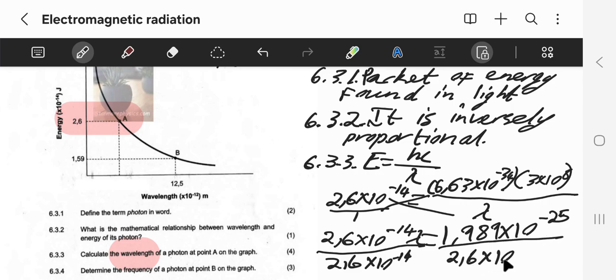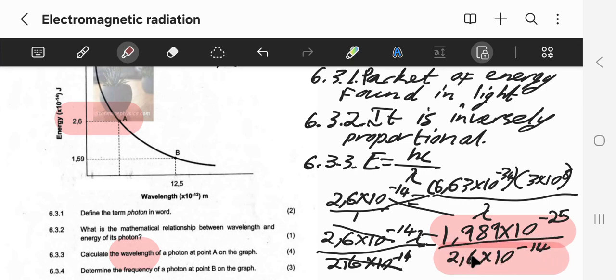2,6 times 10 to the power of negative 14. We know that this side they are going to cancel, and then what I'm going to do is take all of this and put it on the calculator exactly the way it is.